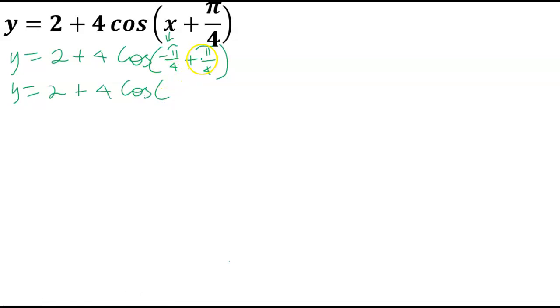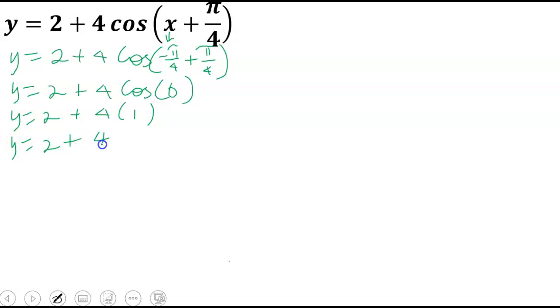Negative pi over 4 plus pi over 4 is 0. So y equals 2 plus 4 cosine 0. Cosine 0 is 1. 2 plus 4 times 1 is 6. So y equals 6. When theta is negative pi over 4, y is 6.